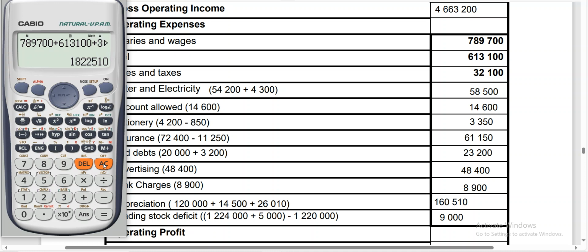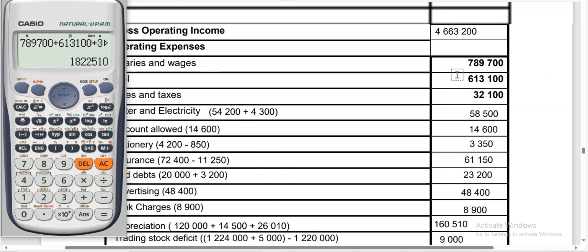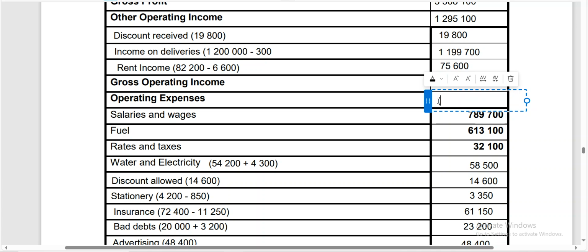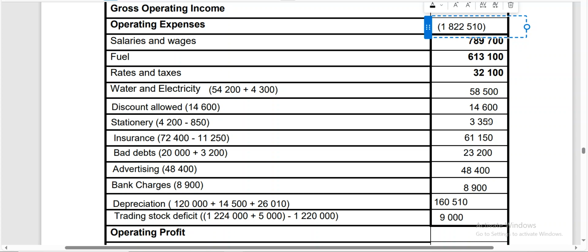The answer is 1,822,510. So our answer would be 1,822,510.